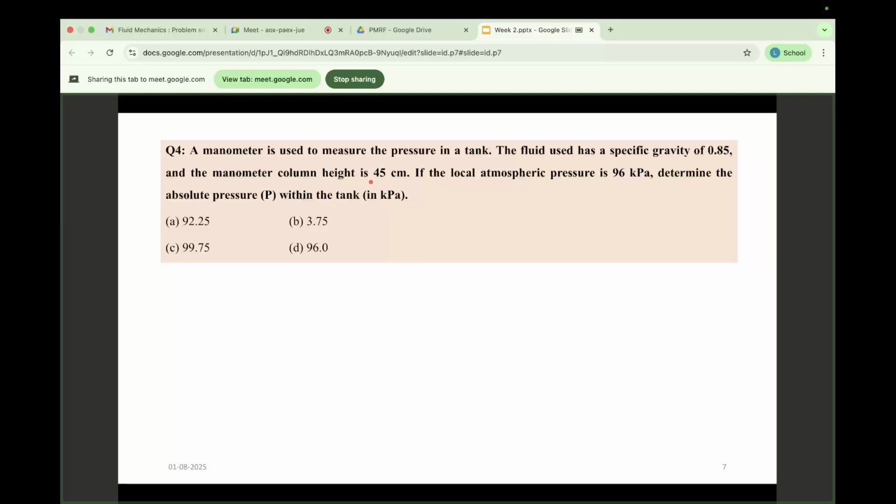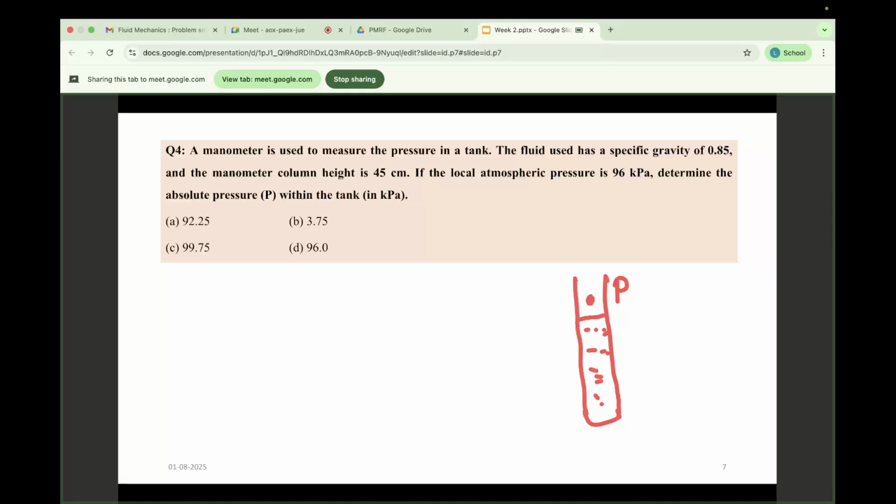So that is the question. Please try to understand. A manometer is given. I just draw this schematic for you. Just a manometer with a certain liquid level. Given atmospheric pressure, and remember one thing, we consider the atmospheric pressure constant for a numerical problem.